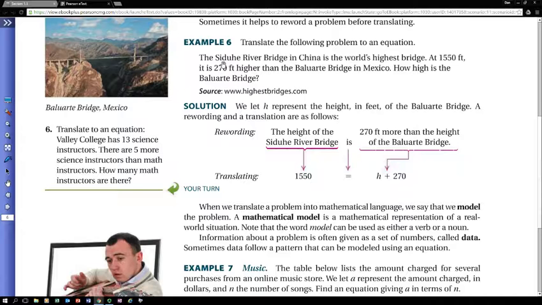So I could go back in here and look at the original. It says this bridge in China is the world's highest bridge. Okay, great. At 1,550 feet, it is 270 feet higher than h. We replace the height of the bridge named here in Mexico with h.